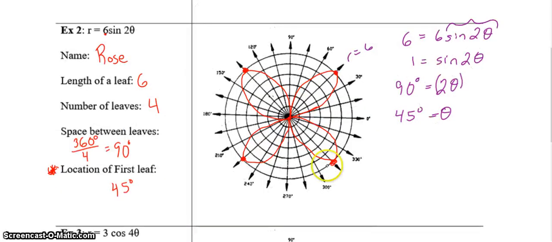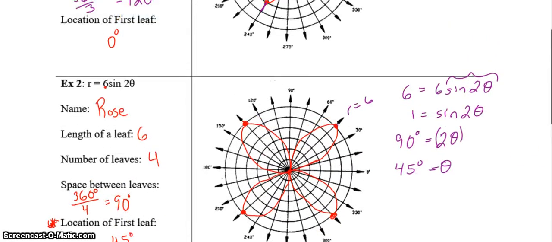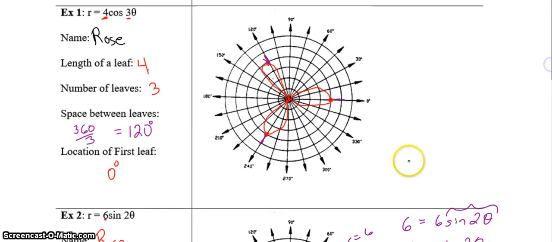Okay. So if we just would do that back here, let's take a look at this one up here. Do the same thing. If we wanted to go 4, the radius there is 4 cosine 3 theta. So where's the cosine of 3 theta equal to 1?